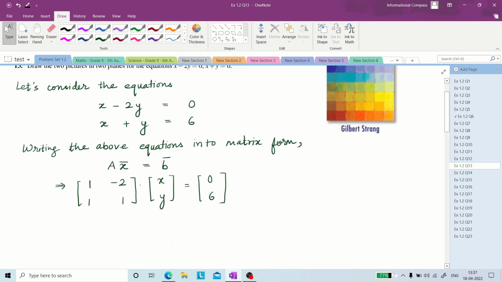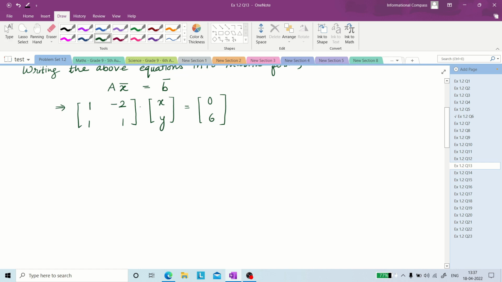So based on this, what do we get? We'll have matrix A equal to 1, minus 2, 1 and 1.